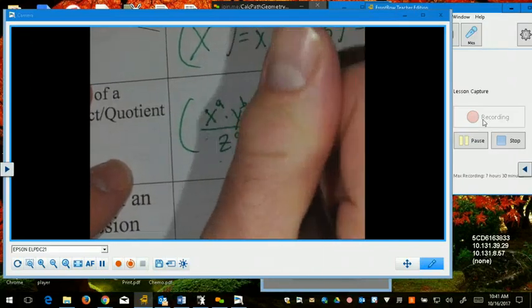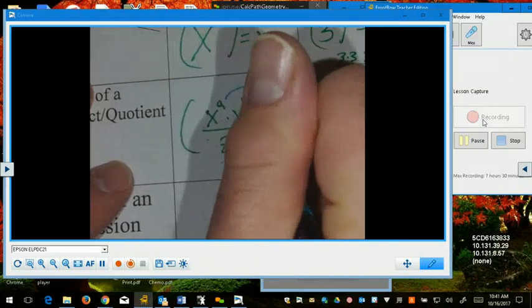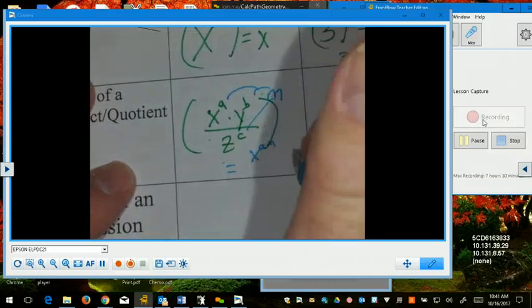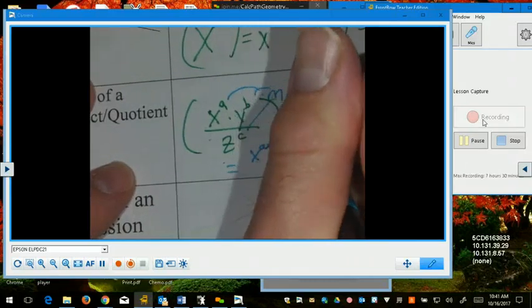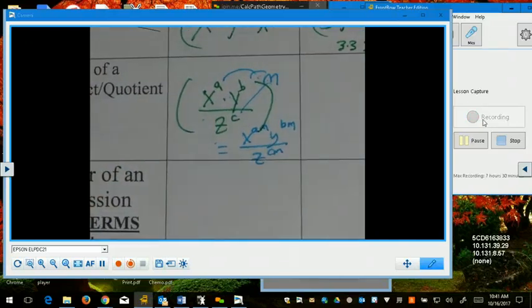This needs to be distributed to its exponent. So this is going to equal x to the am, y to the bm over z to the cm. So it's being multiplied by every exponent inside those parentheses. Not the base itself. Don't multiply it by the base. Multiply it by the exponent that's on the base.